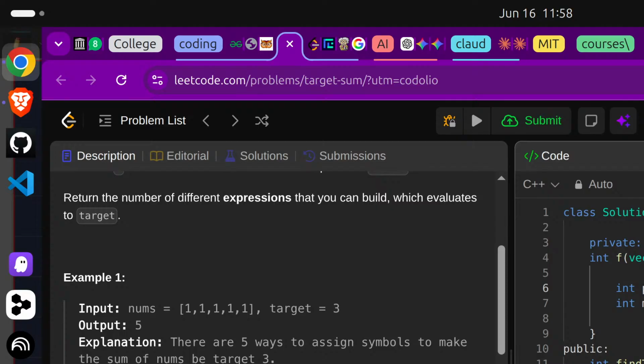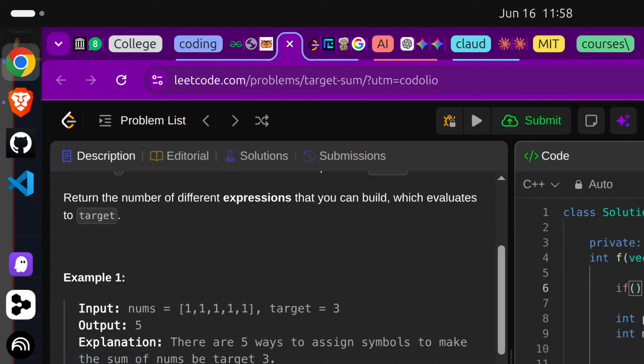Okay, so this is the take plus not take case. Okay, so what is the base case?